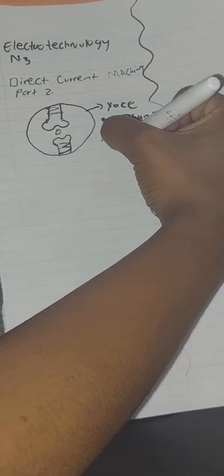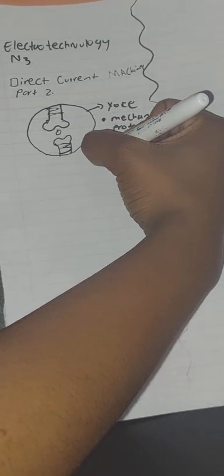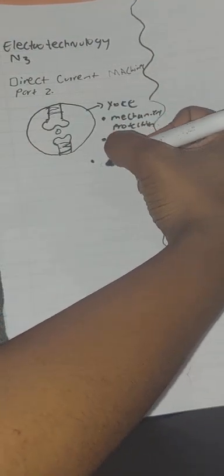So a yoke is used for mechanical protection, mechanical support, and to carry the magnetic flux from the pole.